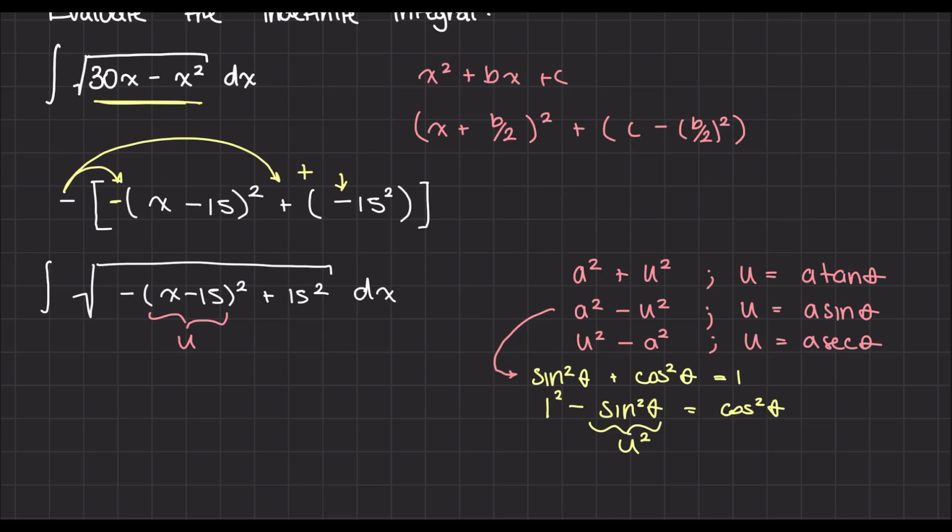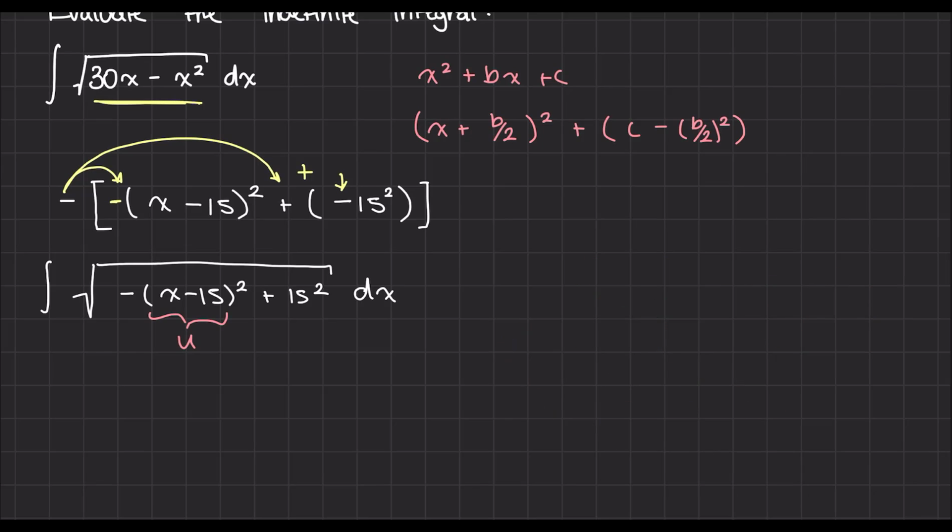So that's why we sub in u as sine. And so for our example, we can sub in x minus 15, and since this portion is basically the u, but it's negative u because of this guy, if we remember from that list we had, we would have u as sine. And so x minus 15 will equal sine theta.